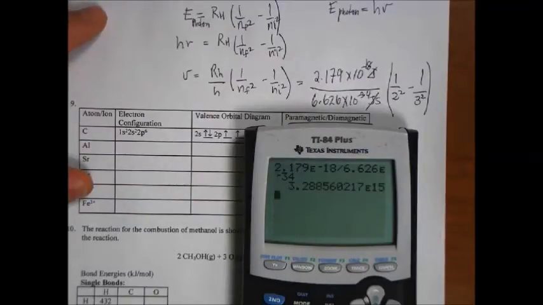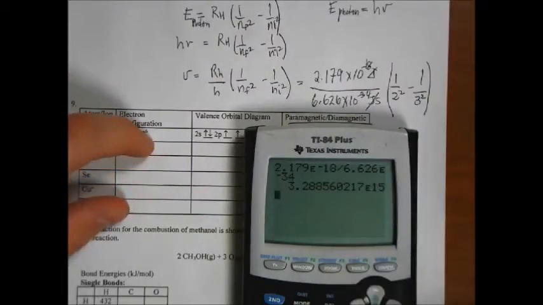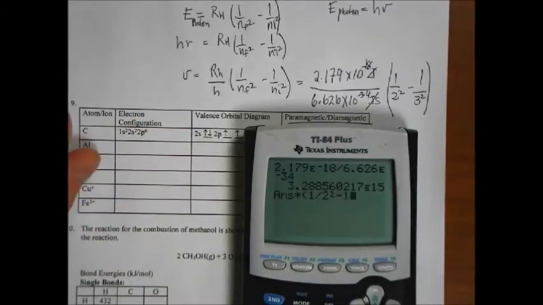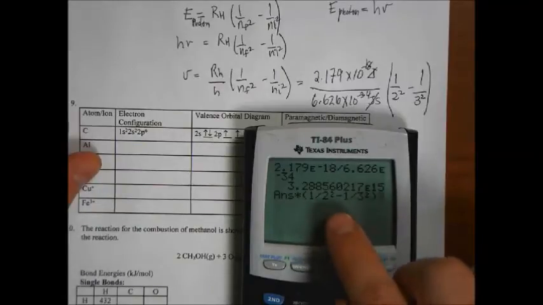That's going to give me 3.28 times 10 to the 15th for the frequency factor, which is basically these terms here. And then we will multiply this by 1 divided by 2 squared minus 1 divided by 3 squared. And the order of operations in the calculator should work here. The subtraction will go last.